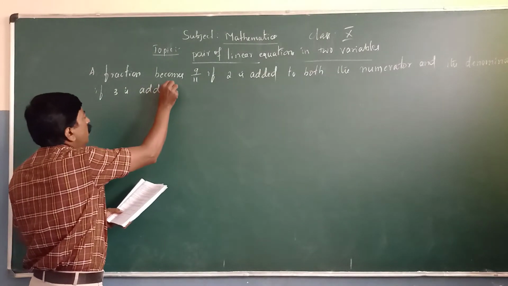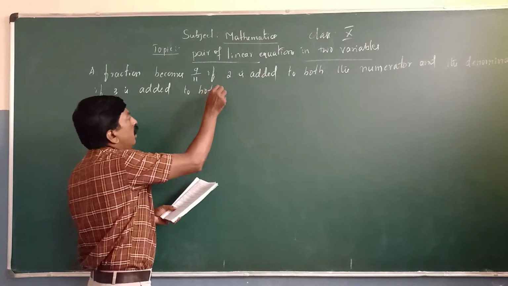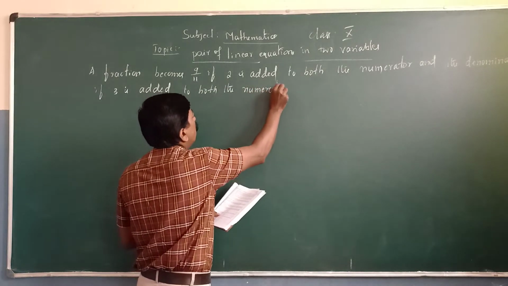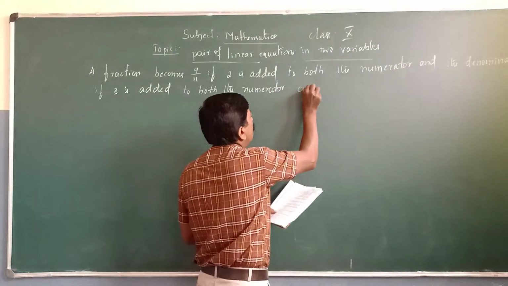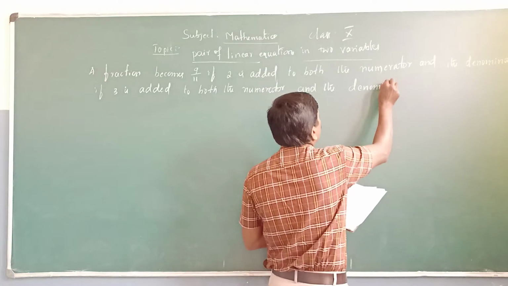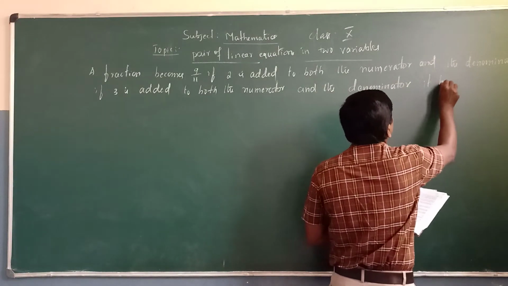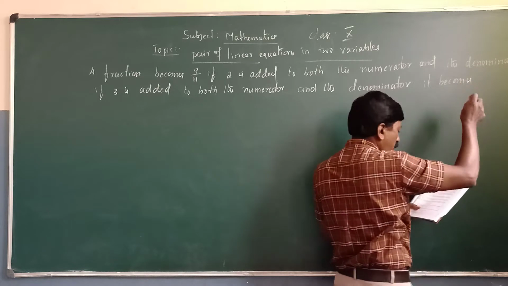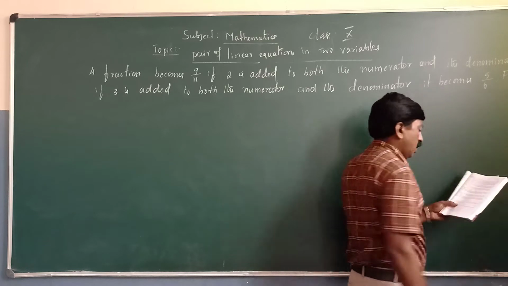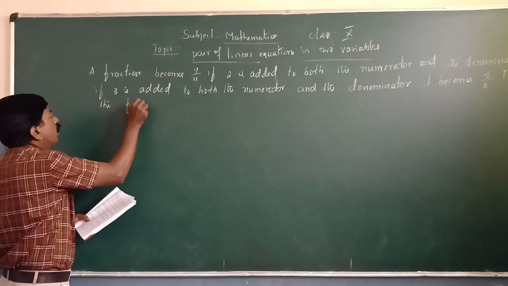If 3 is added to both the numerator and the denominator, it becomes 5 by 6. Find the fraction.